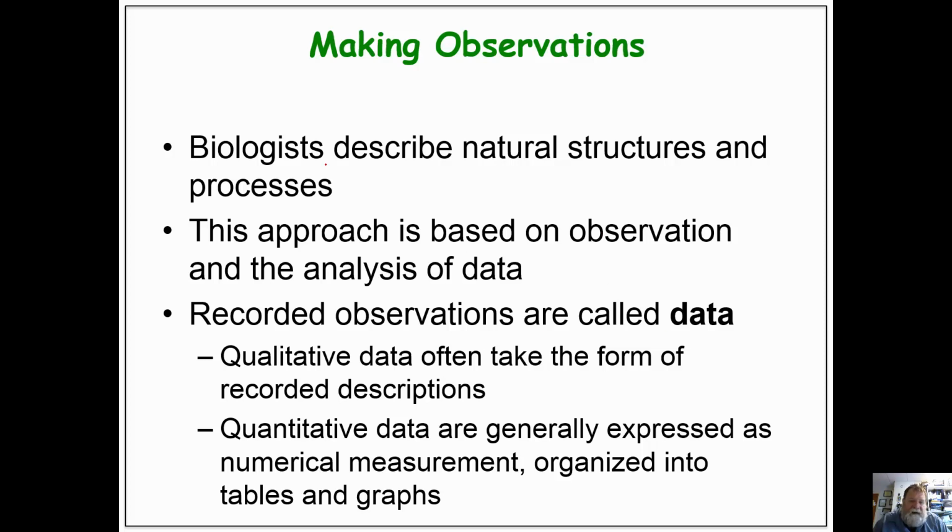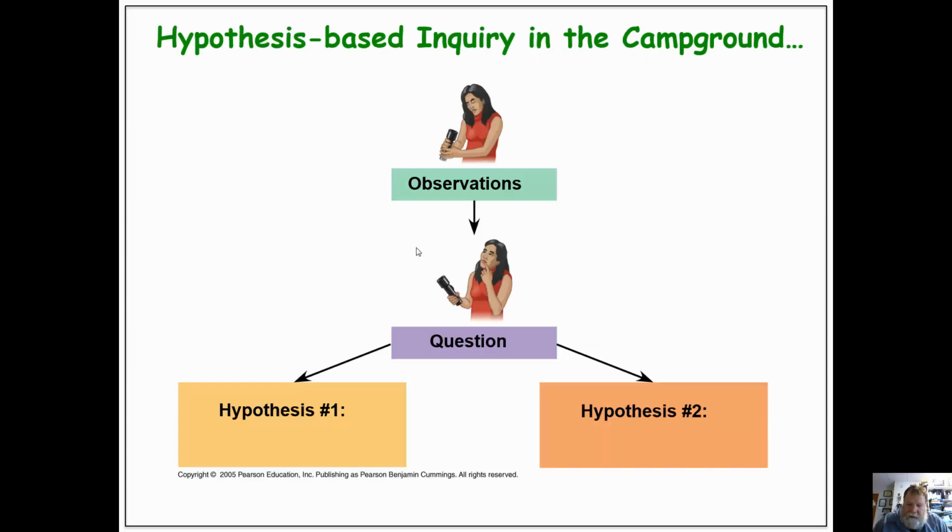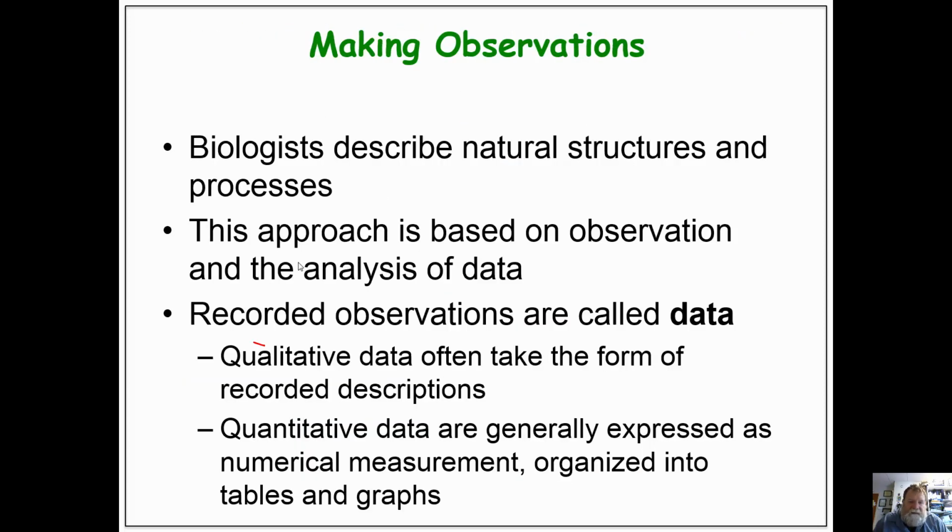Two types of observations that you need to be aware of are qualitative data, which would take the forms of recorded descriptions, and quantitative data, which is basically numerical measurements. And so if you say an organism turned right and proceeded forward at 5 meters per second, that is different than saying the thing moved, which would be qualitative versus quantitative.